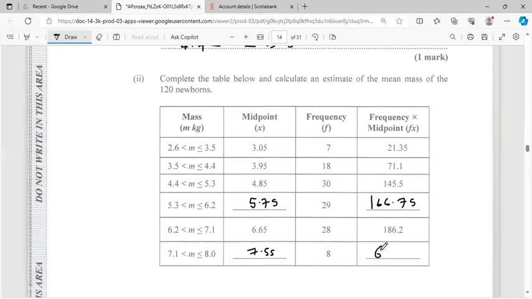Now to get the estimated mean, we have to add all of the numbers in this column right here, as this will give us the total, and then we divide it by the frequency. The frequency is given as 120.